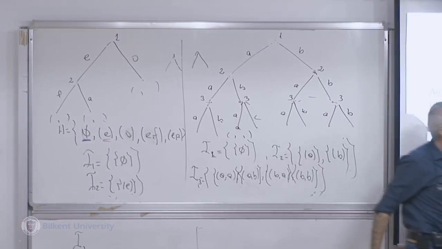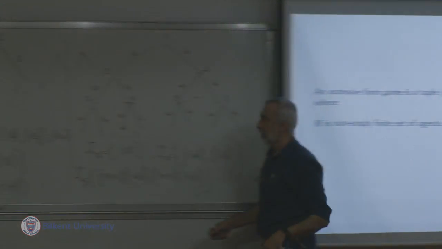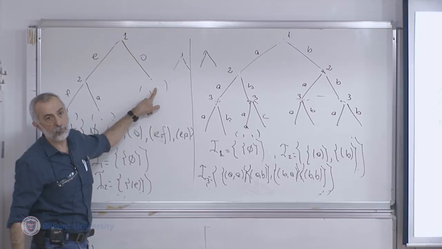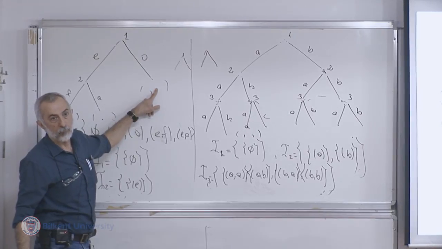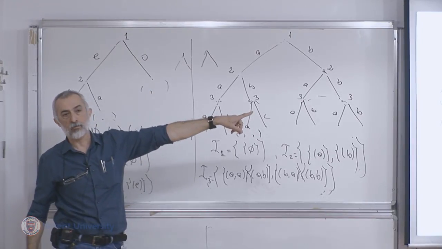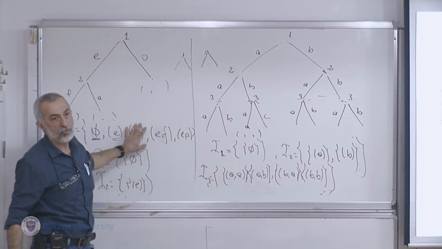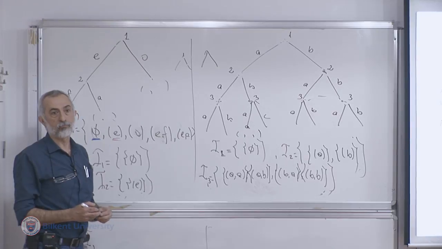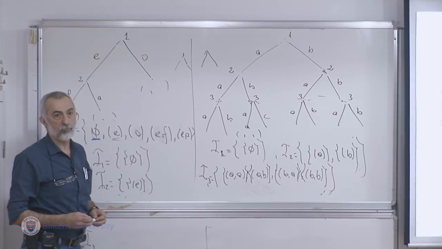And the preferences are taken care of by assigning numbers to each terminal history. So that complicated mathematical object can be represented by this simple picture. Any questions?